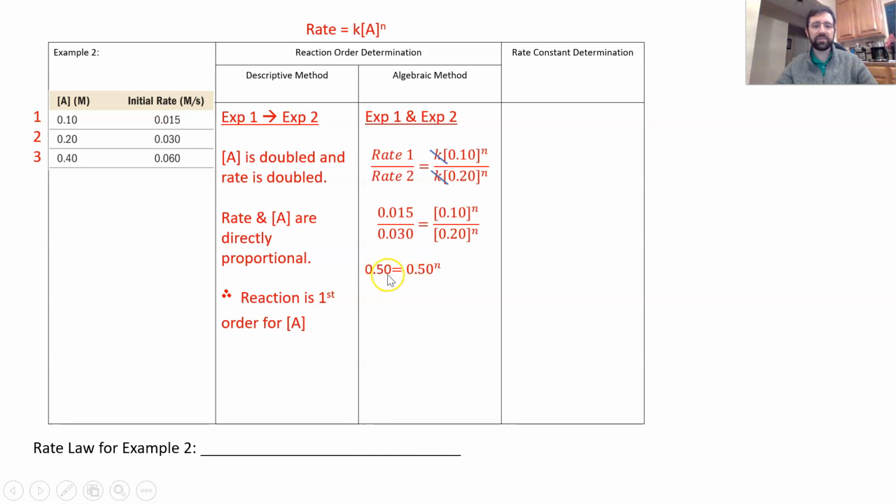So 0.50 equals 0.50 to the n power. So what would n have to be to make this statement true? Well, it would have to be 1, because 0.5 equals 0.5. So it has to be to the first power. 1 equals n. So this is the algebraic method to prove that the reaction is first order for A.